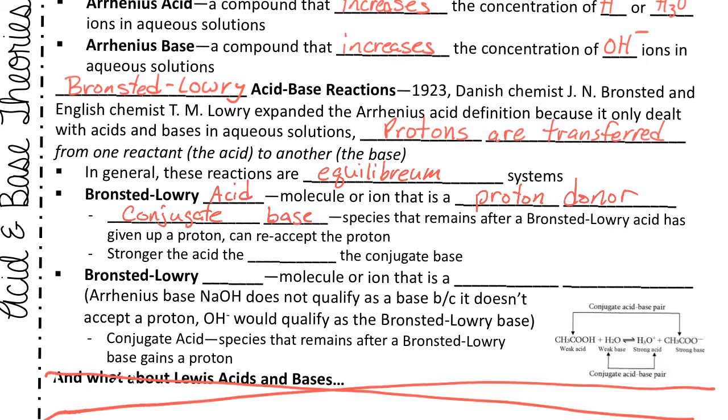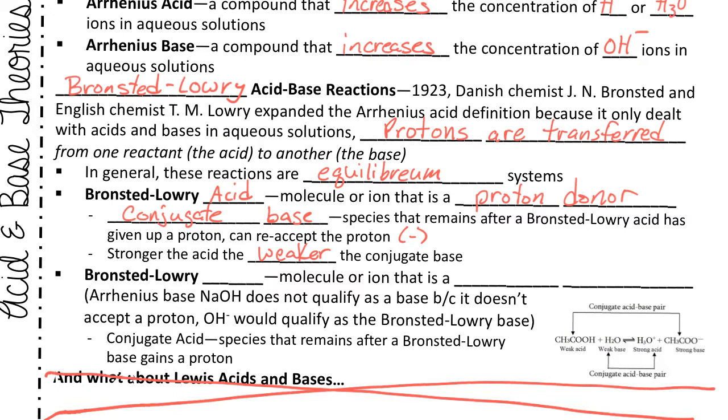This substance can also reaccept the proton because usually it has a negative charge. The stronger the acid, the weaker the conjugate base. If something is a strong acid, it does not want to grab that proton back up. So you're going to have a lot more protons, or hydrogen nuclei, floating around.